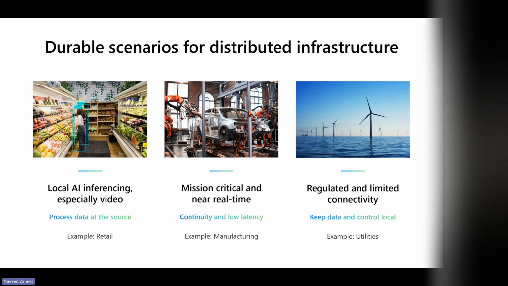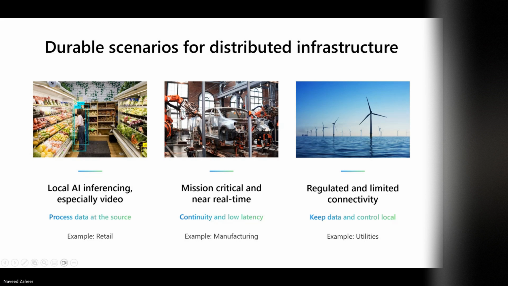You need processing power there, but the connectivity may be limited. Or in some scenarios, there are industries where you cannot move infrastructure into the cloud because of regulations. That's where you want to have your footprint in your data center, close to where the action is happening. So these are some of the scenarios where Azure Local will make sense, and we will talk about each of those.